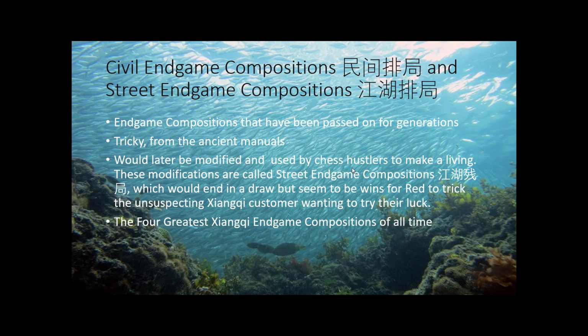And chess hustlers would modify them, whereby it would seem that red would win very easily, and the unsuspecting person trying to solve the puzzle will pay a fee and lose the money.